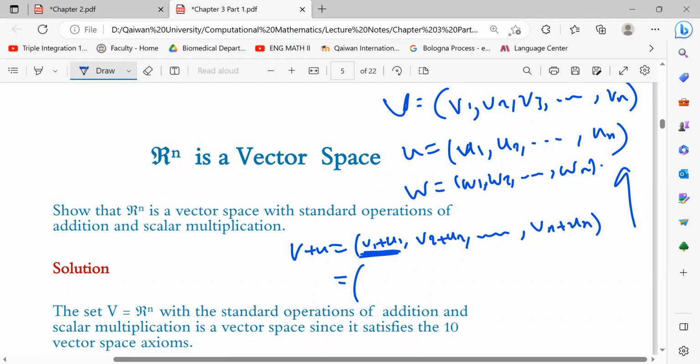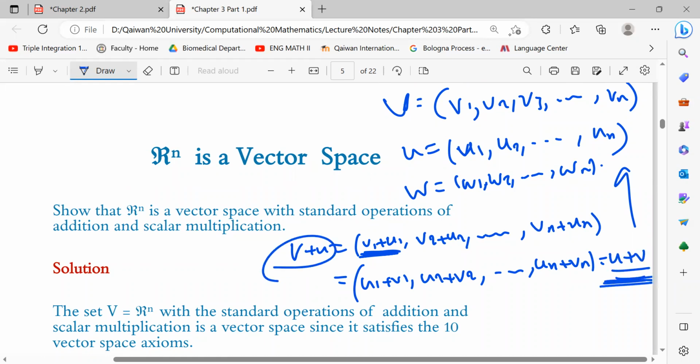So u1 plus v1 is the same as v1 plus u1. v2 plus u2 is u2 plus v2, then up to un plus vn. What's this vector? It is u plus v. As you see, we proved that u plus v is v plus u. It's the second condition.